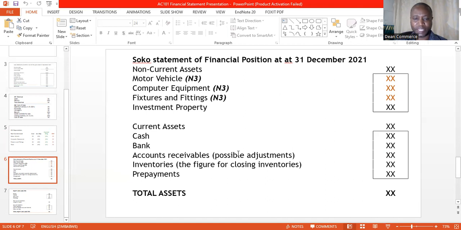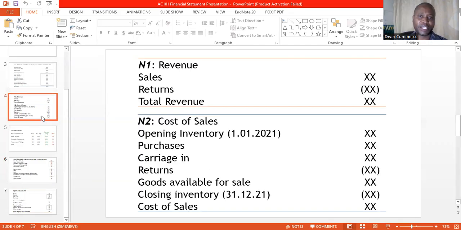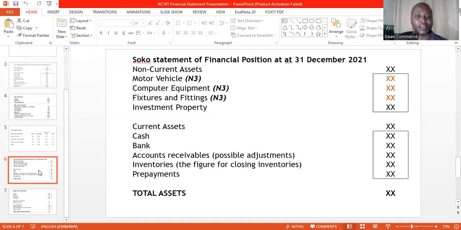Usually these have got adjustments, and we are going to learn about the adjustments in the next lecture. Inventories, the figure for closing inventory, right? These inventories, we take the figure that we have indicated as closing inventory. Usually, if it is in the context of Zimbabwe, we have this figure being the 31st of December 2021.